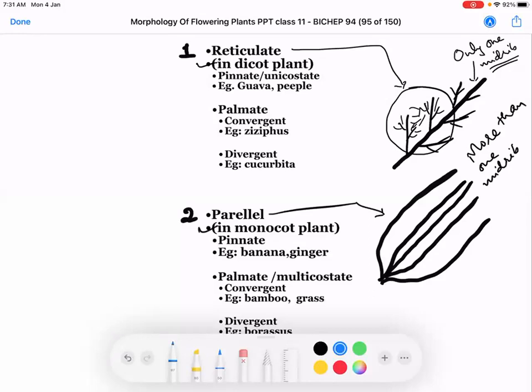Now, reticulate and parallel both have further types. In reticulate, first is pinnate or unicostate. Second is palmate.